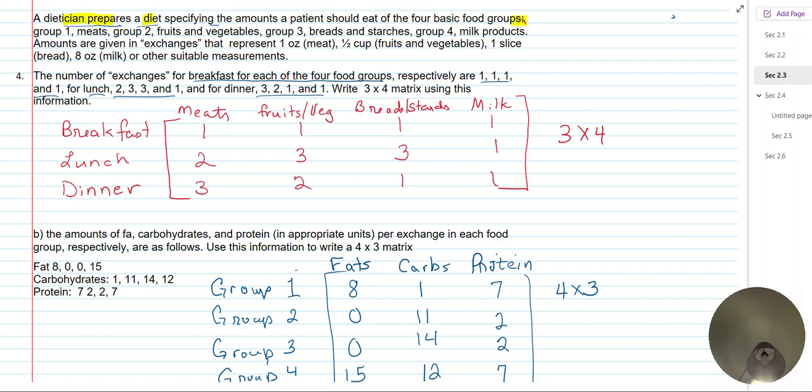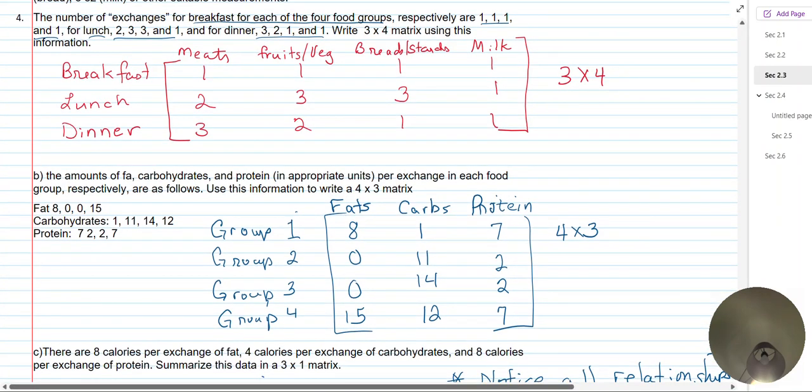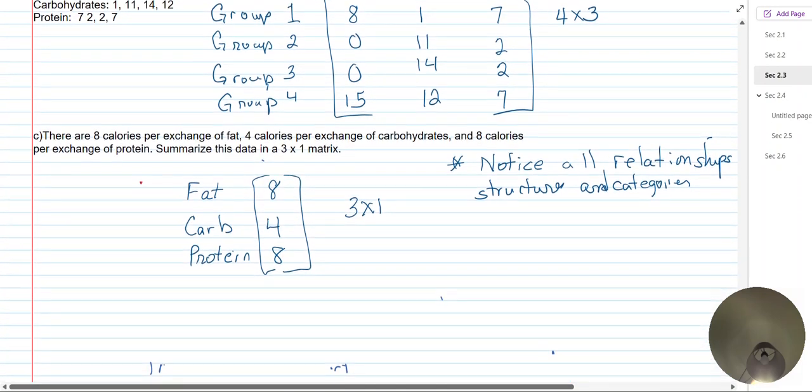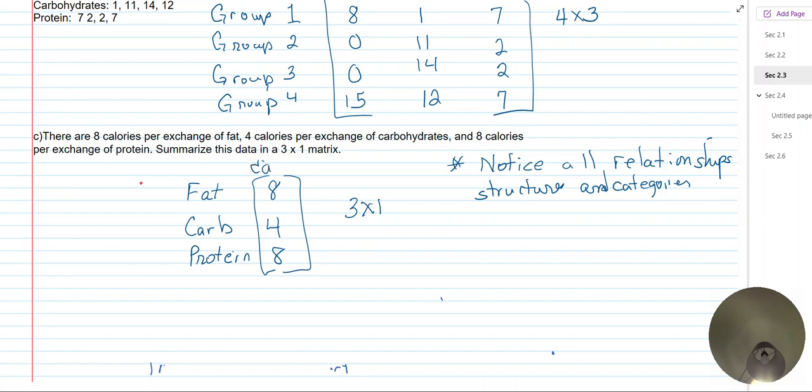And those were the categories. And the grouping, breakfast, lunch, and dinner. Then we called them group one, group two, group three, group four for those headings and broke it down into fats, carbs, and proteins. The third one broke down what their calories are in exchange for fats, 8 for carbs and 8 for protein.